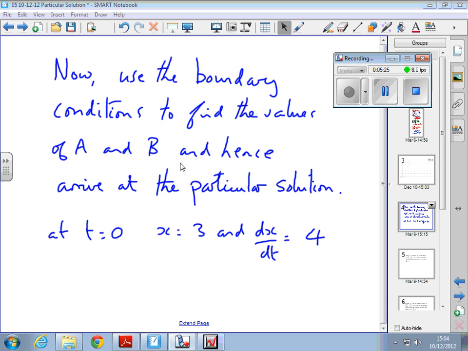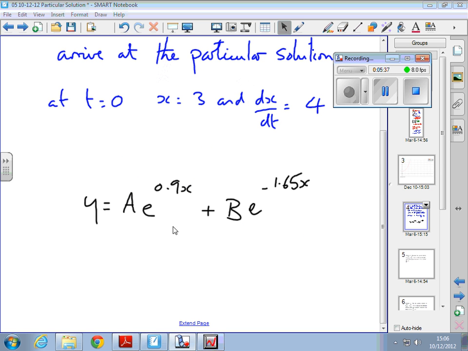So with these initial boundary conditions, at t equals 0, x equals 3, and dx by dt equals 4, let's form these two simultaneous equations. So from our initial general solution here, we now put in our boundary conditions. When t equals 0, x equals 3.